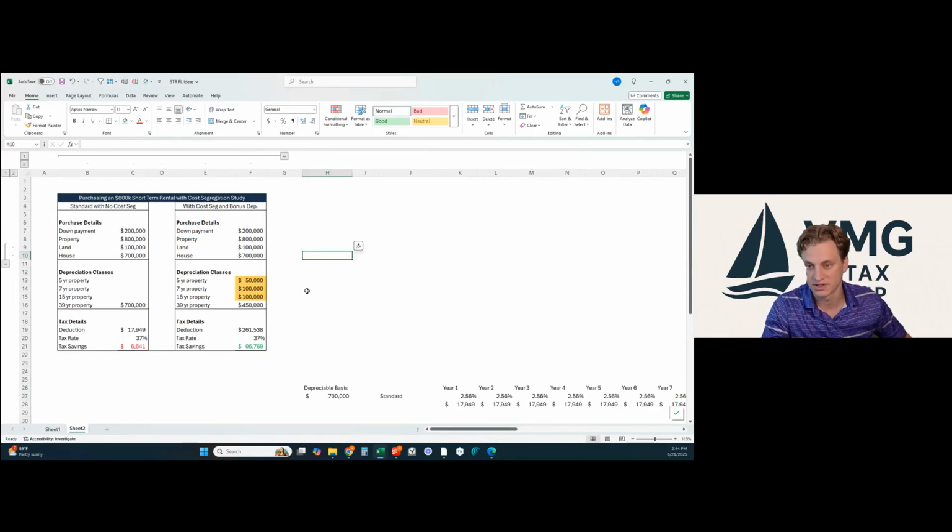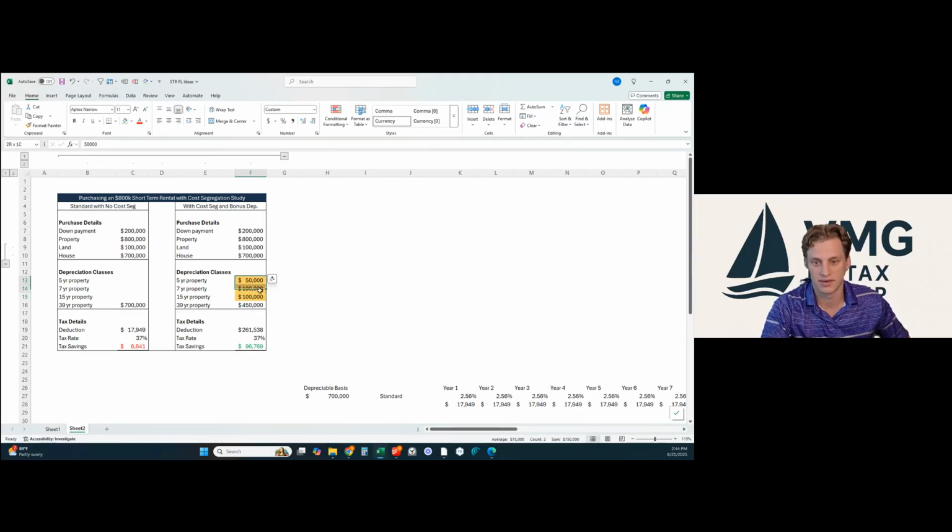Now, if we did not do a cost segregation study like we see in this left panel here, all of it would be 39-year property. Again, I think those are the exact same numbers I used. They are. So that divided by 39, you would get just under $18,000 of a deduction each year. But if you did do the cost segregation study on this $800,000 property, I modeled out what probably wouldn't be exact, but it's just random numbers that are near the rates that you might expect.